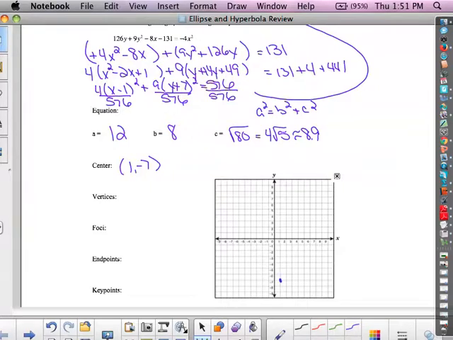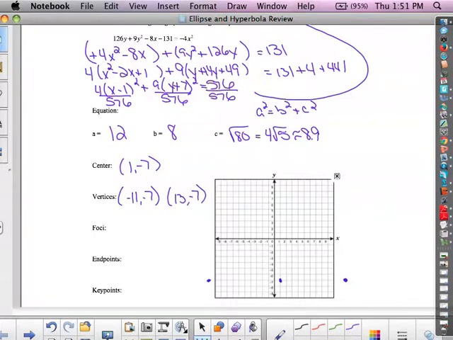As I said, it is horizontal, meaning its major axis is parallel to the x-axis, so therefore you have vertices at (-11, -7) and (13, -7).